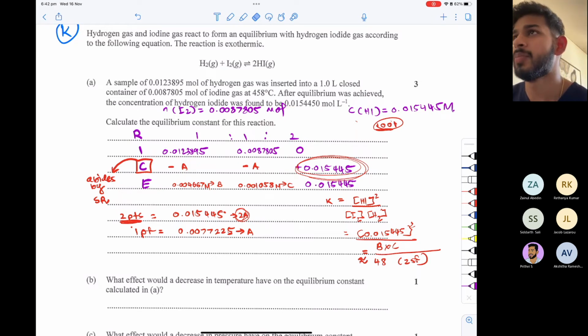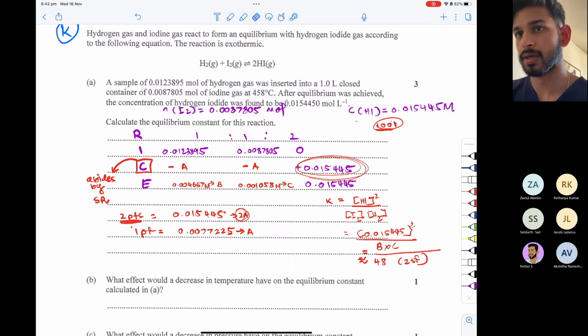No, so to keep it very simple, temperature is the only variable to change K. Everything else will maintain K, and that's because that initial change is the disturbance that shifts you away from K, and then Le Chatelier's principle will allow all the reactants and products to change their concentrations and return to K. Whereas in temperature, that's not the case. So T is the only factor to affect K.